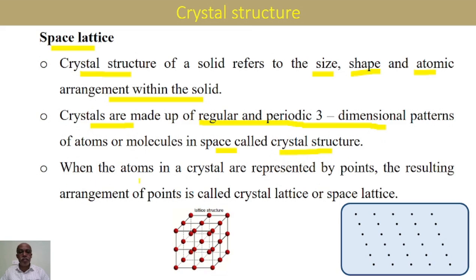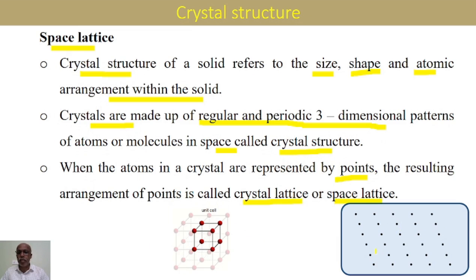And the atoms in the crystal structure can be represented by dots or points. If the dots or points are arranged in a regular periodic three-dimensional pattern, then the resulting arrangement of these points is called crystal lattice or space lattice, as shown in these two figures.